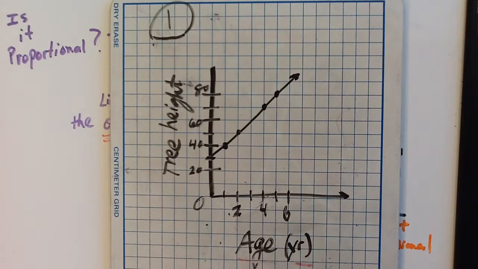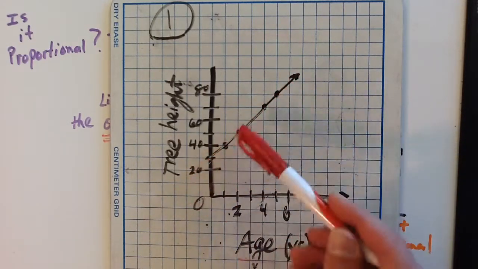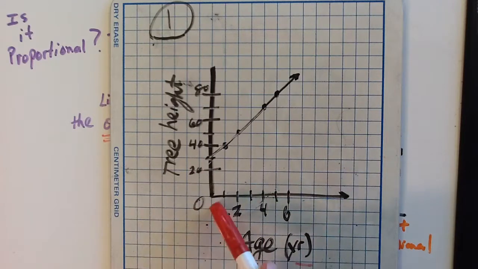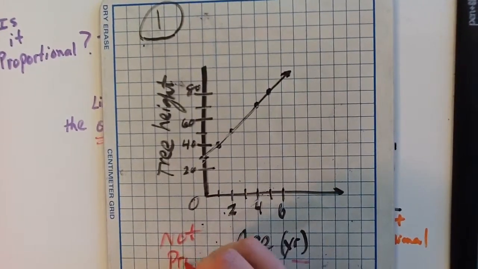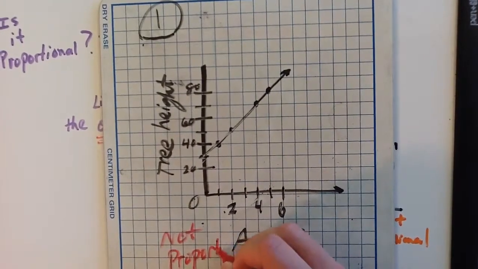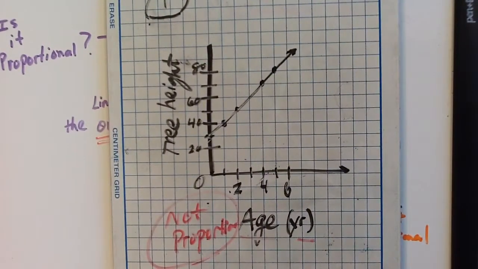If you connect these points that were given to you with a straight line, and here's the origin, the line does not pass through the origin. And so we would say this is not proportional. Why? Well, it's not proportional because the line does not pass through the origin, and you must pass through the origin for the relationship to be proportional.